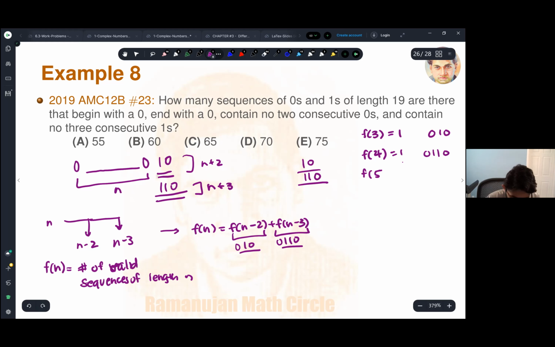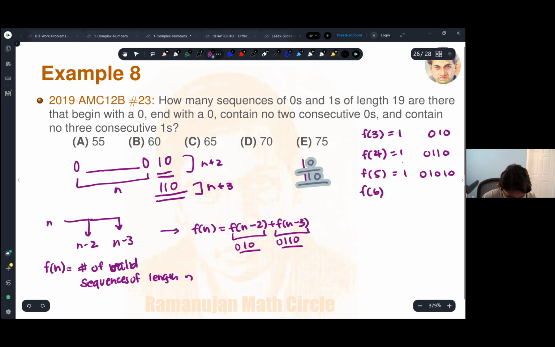And for f of 5, there's only one again. So I think now you could start off with f of 6 and go on from there.